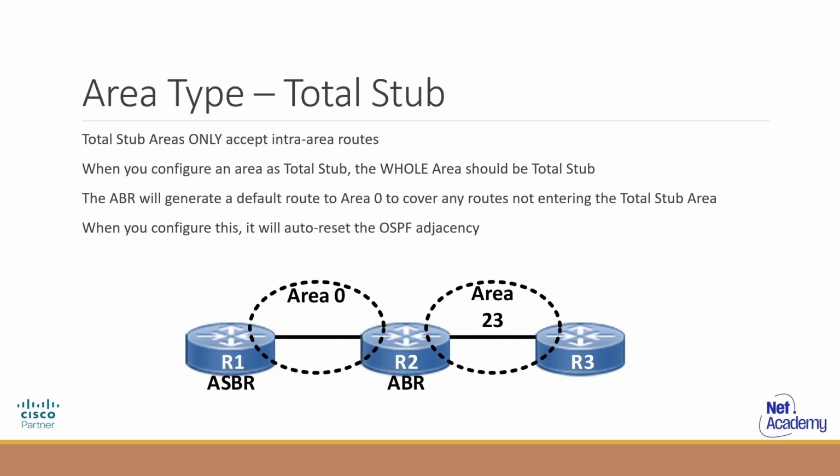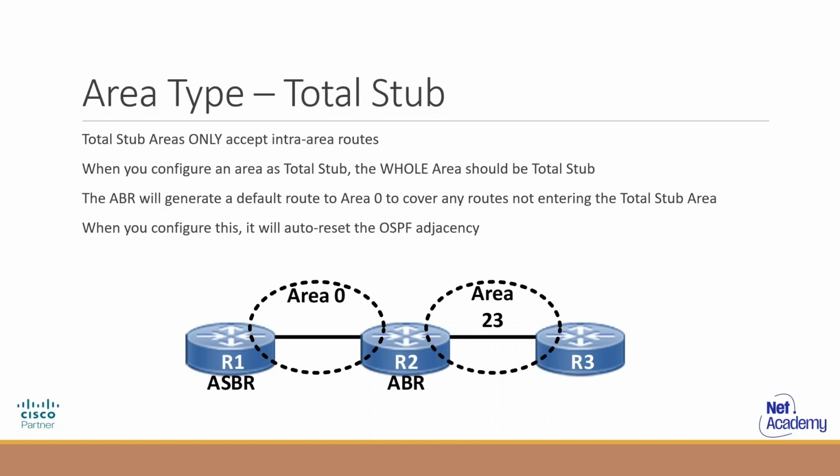So if area 23 is a total stub area, the only routes it's going to accept are area 23 routes, just the routes that are locally generated in its area. All other routes, what's it going to do with them? Well, just like before, it's going to send them to its ABR. Why? Because the ABR is going to have to, by definition, be connected to the backbone, and the backbone, by definition, is connected to all other areas, right?